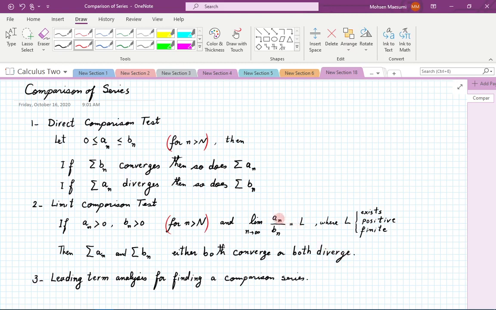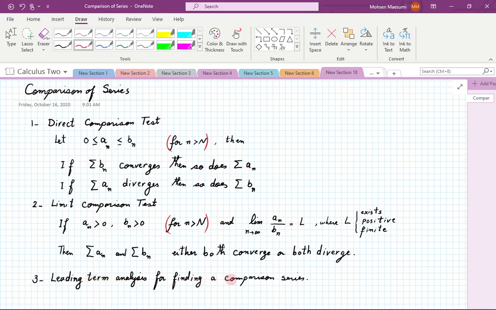So for example, if one of them is almost twice as big as the other one, that means this limit is 2. Well, it stands to reason that if one of them converges, the other one will converge as well. If one diverges, the other one will diverge as well. We are going to postpone the proofs to another lecture, and what we are going to do in this lecture is just apply this, assuming that the idea looks intuitive to you.